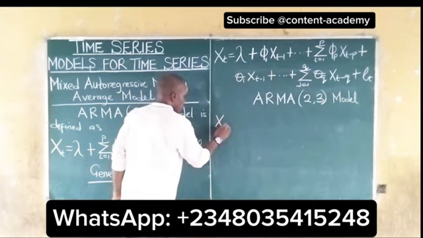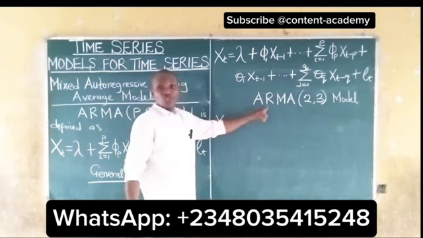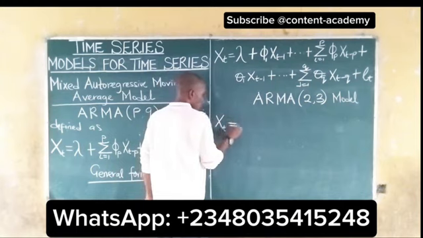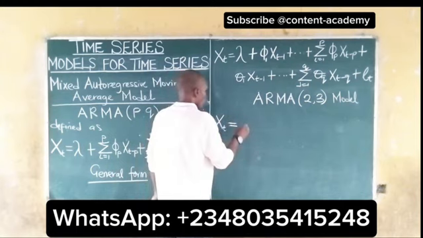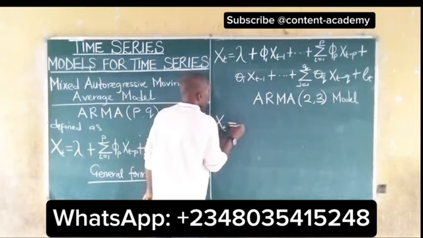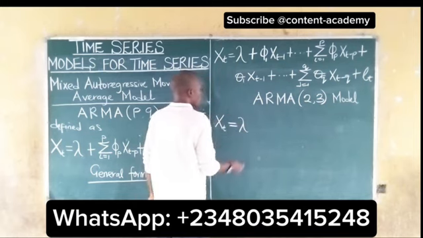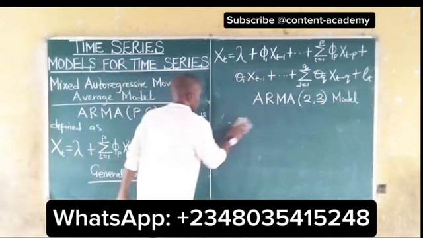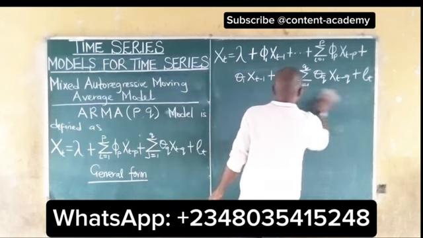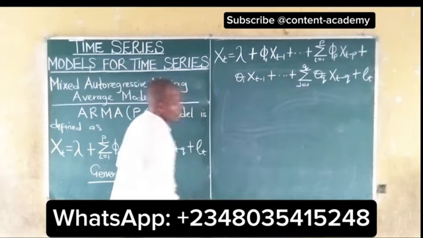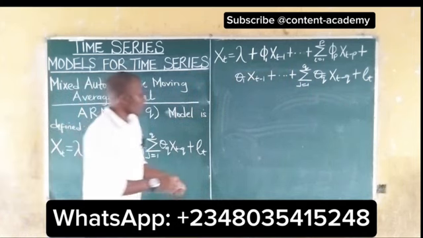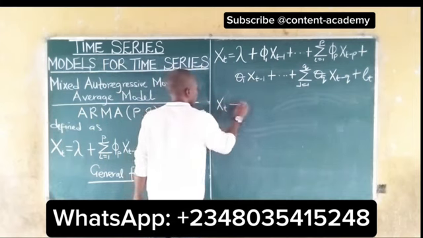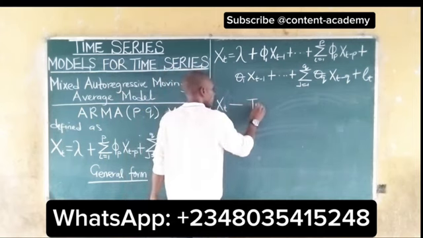We say X_t is equal to the autoregressive part, which we put first. Sorry, we have to define the parameters first. Let's define the parameters before we take that. Now, X_t is our time series values.